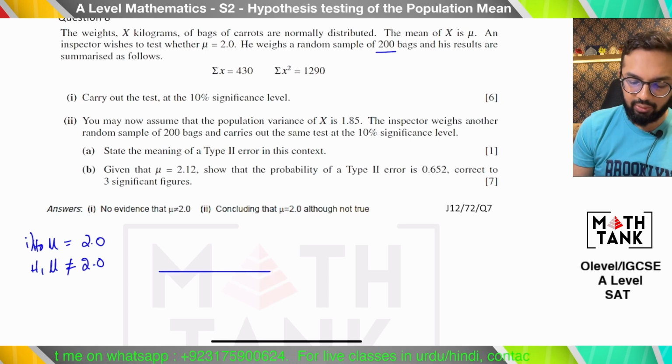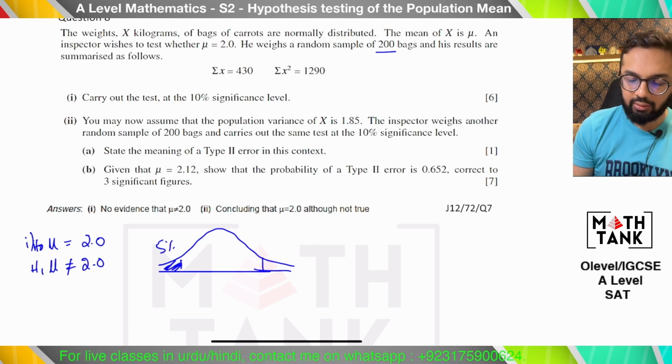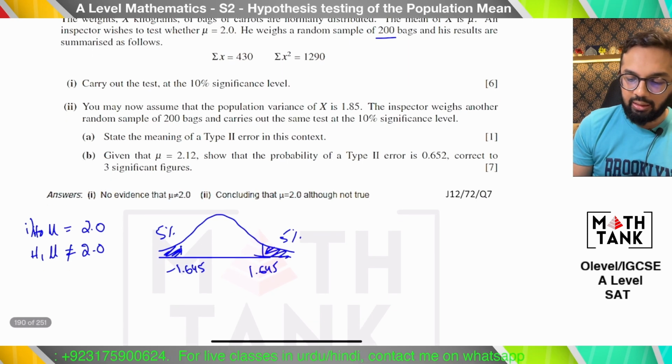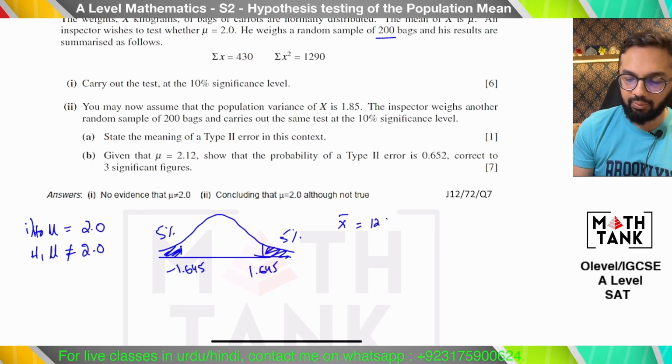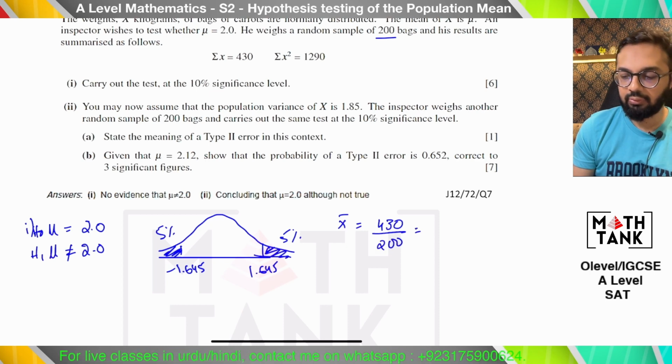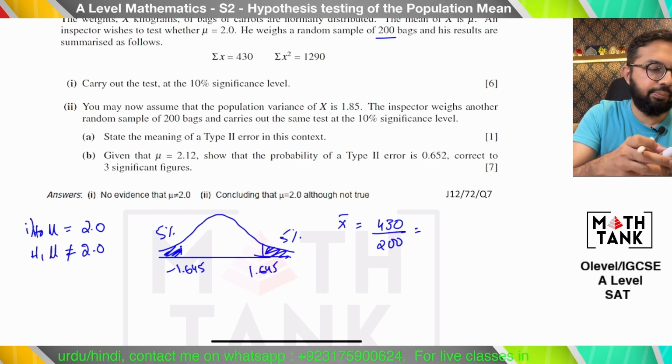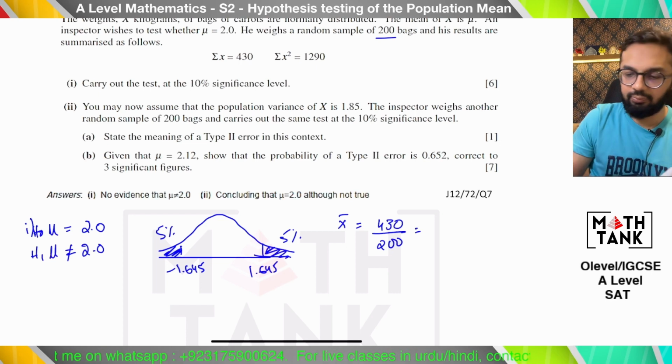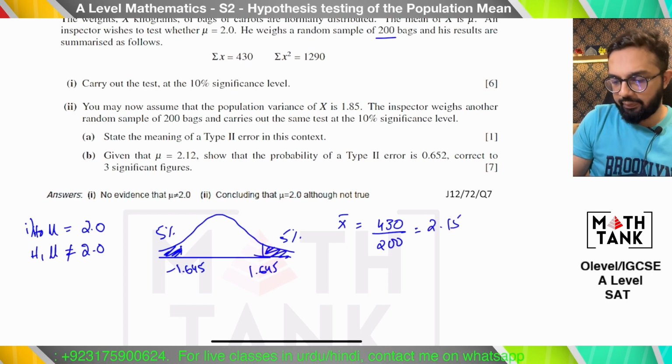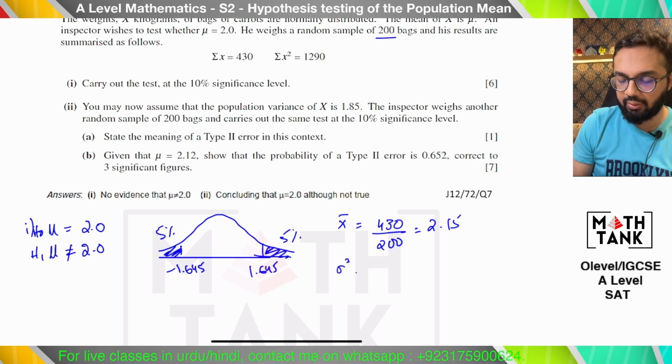I am going to draw my rejection region first. I have 5% on both sides. That gives me 1.645 and minus 1.645. Now I don't have X bar, so I'm going to say 430 divided by 200, which is 2.15, and then sigma square.